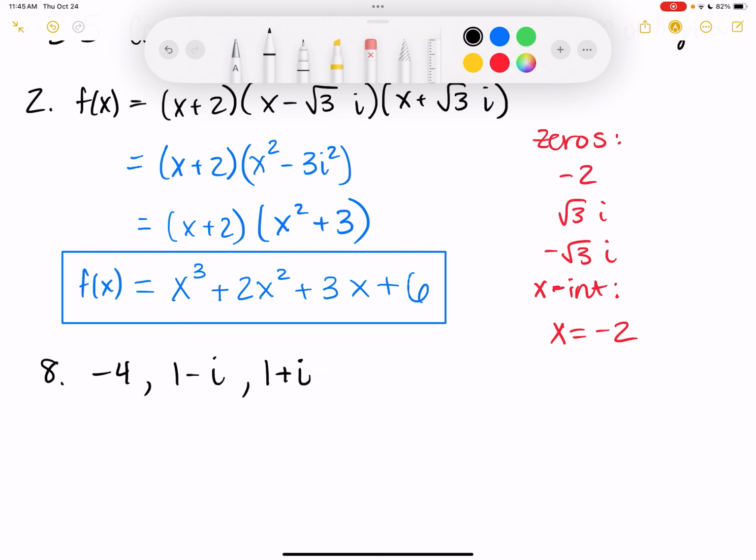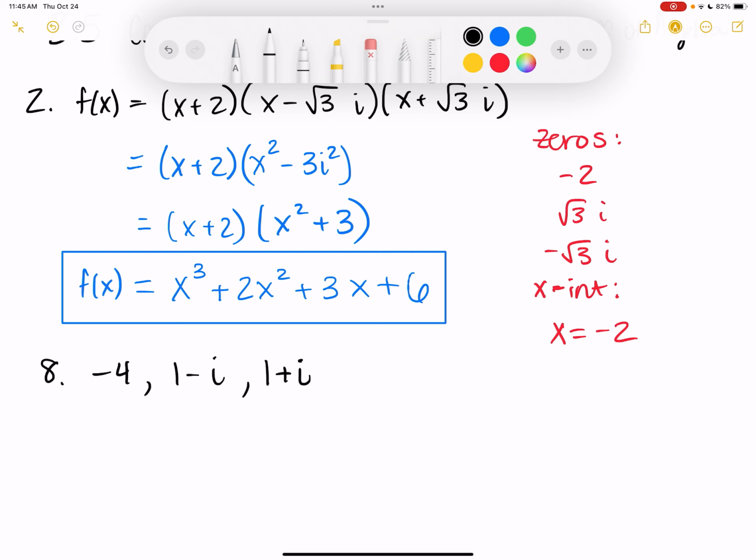Now, I don't know if this was in your notes yet or not. If not, it'll come up later, but okay, yeah, it was. The complex conjugate zeros theorem. If 1 minus i is a 0, then 1 plus i also has to be. So sometimes they won't write them both. You just have to recognize that they both are there, okay?